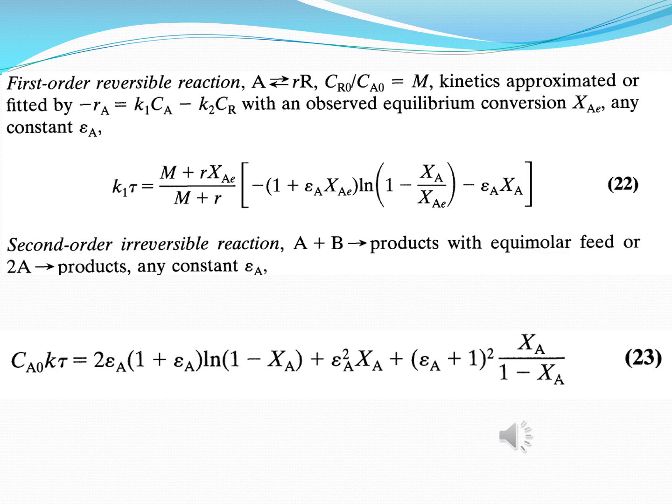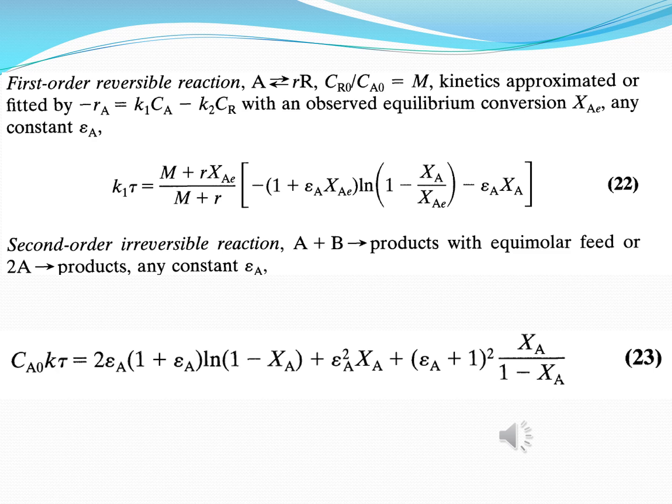So if we have a second order irreversible reaction with equimolar feed, 2A goes to products at any EA, we end up with this expression: Ca naught K tau is equal to 2 EA times volume expansion factor 1 plus EA ln 1 minus XA, plus EA square XA, plus EA plus 1 square XA over 1 minus XA.